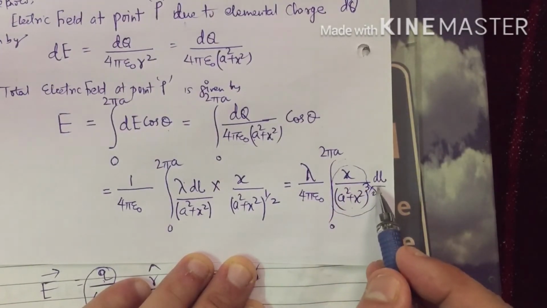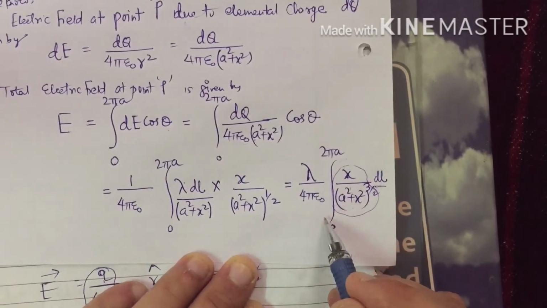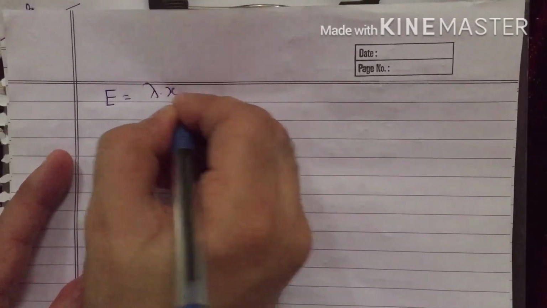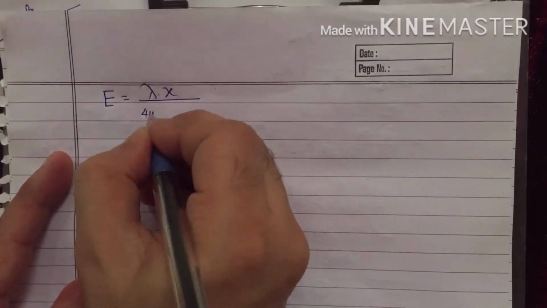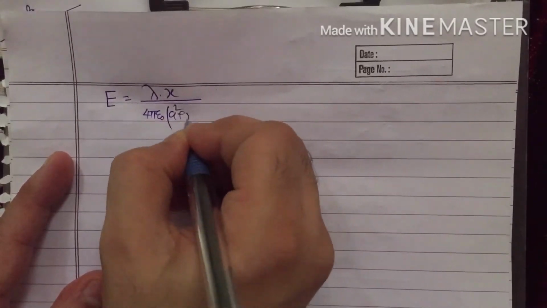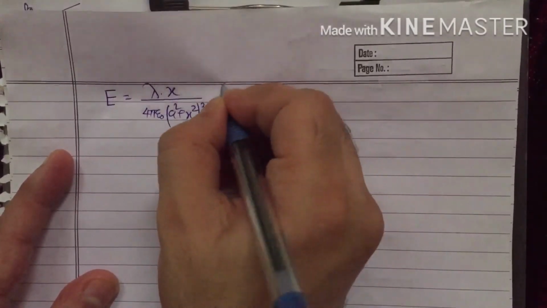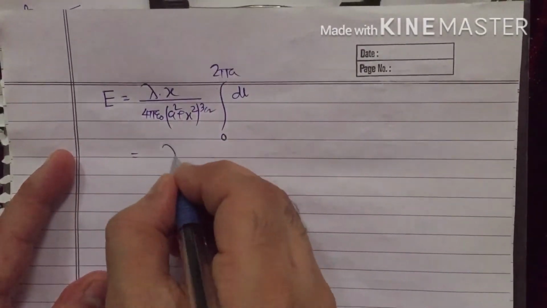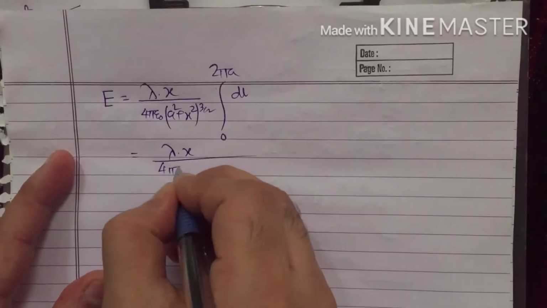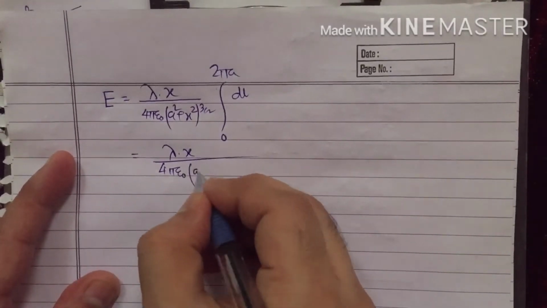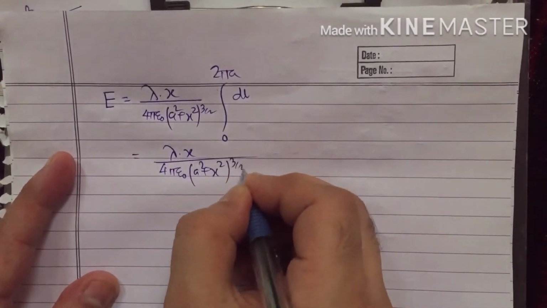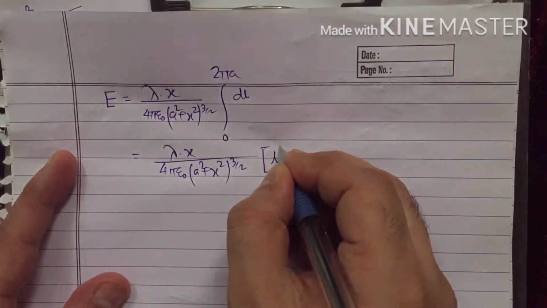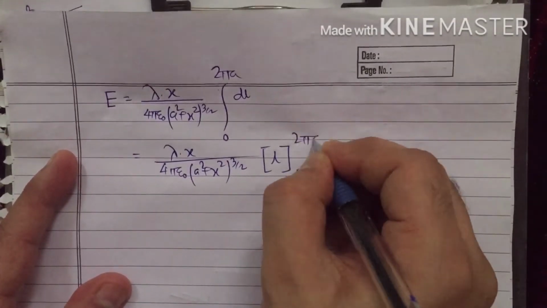So dl will vary over the ring, so dl will be inside the integral, and therefore the field equals lambda into x whole divided by 4 pi epsilon naught a square plus x square to the power 3 by 2, integral from 0 to 2 pi a of dl.